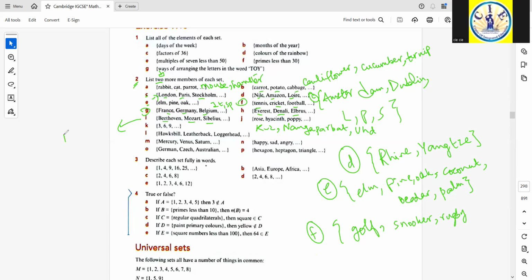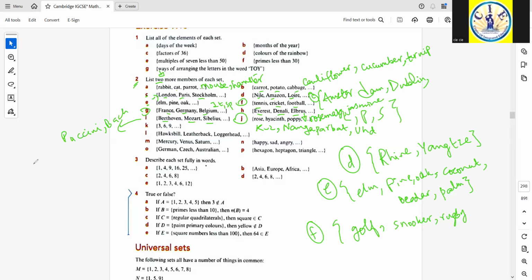We can have Puccini or Bach, and then in part J, we have got flowers. So we can include the name of any kind of flowers. We can also include rosemary. We can have jasmine. We can have a flower of any other kind.